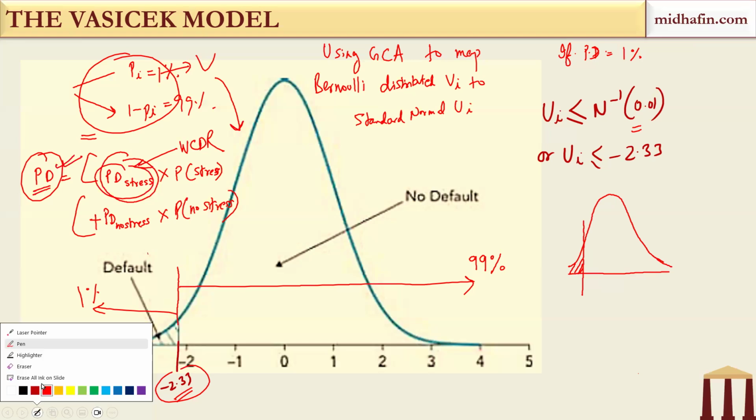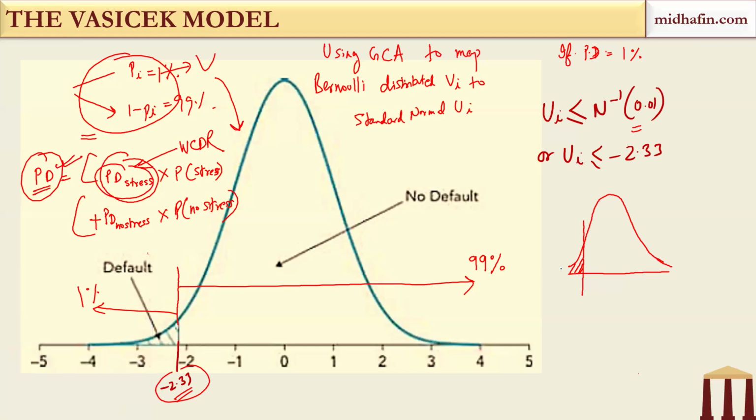It will not be a standard normal distribution. The conditional distribution will be something like this. It is also a normal distribution, but it's not a standard normal distribution. The mean has shifted, the standard deviation has changed. And then WCDR is basically this area.